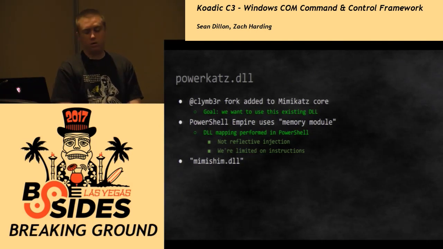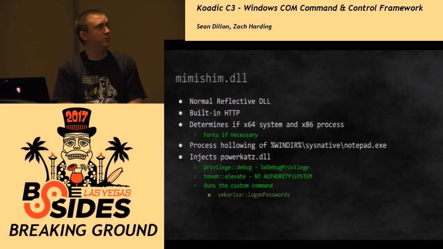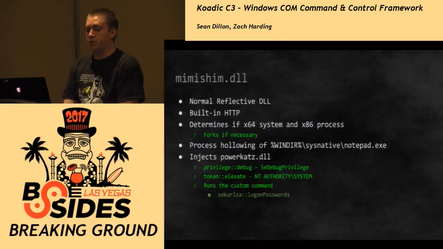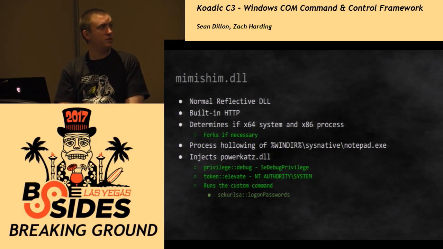So I created a DLL called memishem.dll, which is a proper reflective DLL. And so all this is going to do is, well, first it's going to tell if you're on an x64 system and you're running an x86 process. So if you've ever run Mimikatz and you're in an x86 process on an x64 system, you're going to find that it's not going to work correctly. So we first determine if that's the case, and then we'll fork into an x64 process.